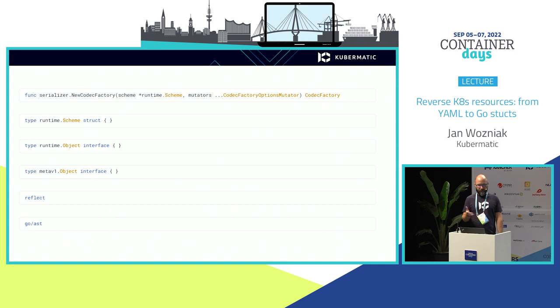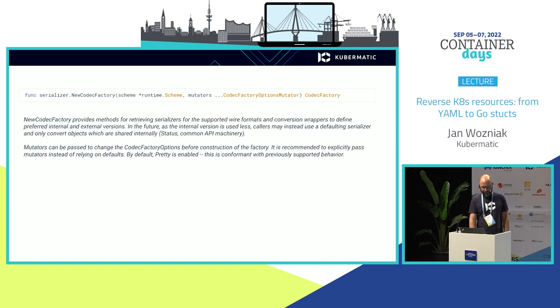These are the building blocks of reverse kube resource: codec factory from API machinery, runtime schema, runtime object, meta v1 object, and then core Go packages, reflection, and Go AST. I won't go too much into details, just a reminder to everyone who maybe is not using them on a daily basis.